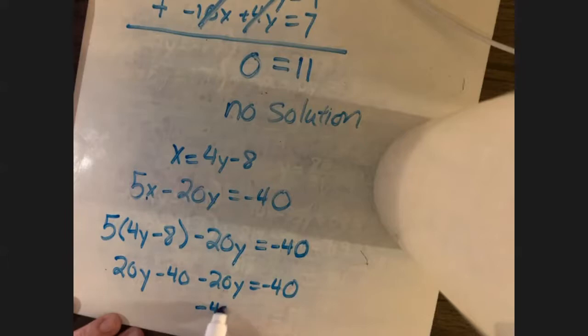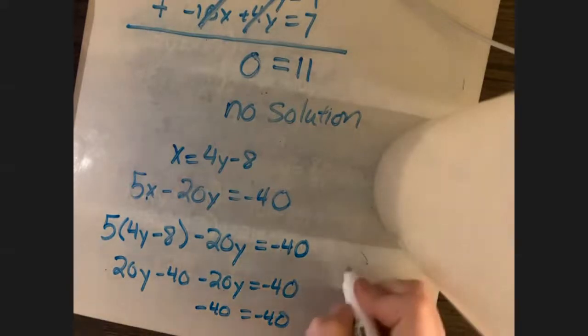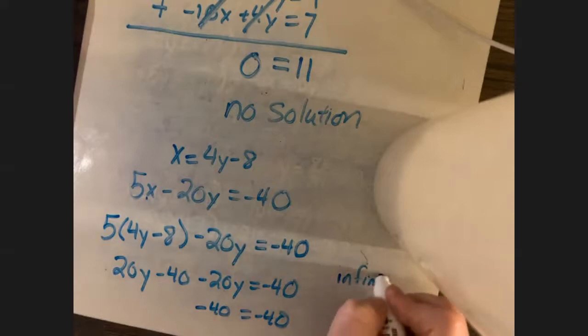That's going to leave me negative 40 equals negative 40. Wait a minute, all of my letters just went away. That means it's got to be one of those special ones. But negative 40 does equal negative 40. So if they equal each other, this is your infinitely many.